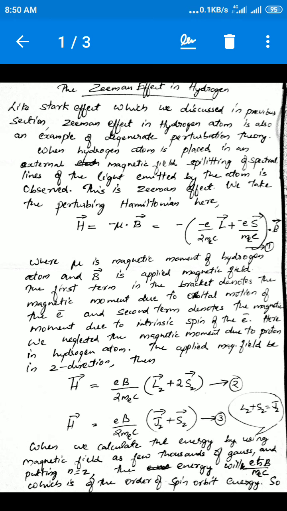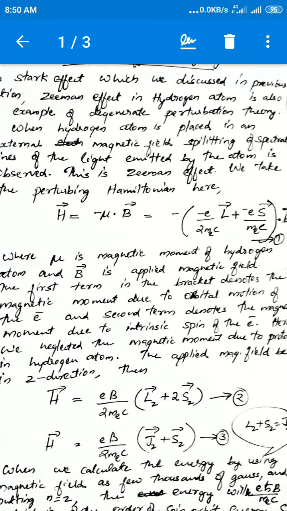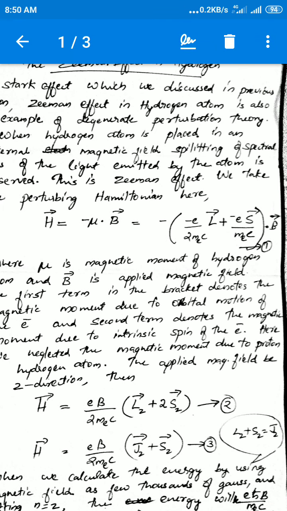Let us take the applied magnetic field B in the Z axis direction. If B vector points in the Z direction, then equation 1 we can write like this. We are taking the dot product, and since B is in the Z direction, we write only the Z components of L and S. So B dot L and B dot S will be B Lz and B Sz.